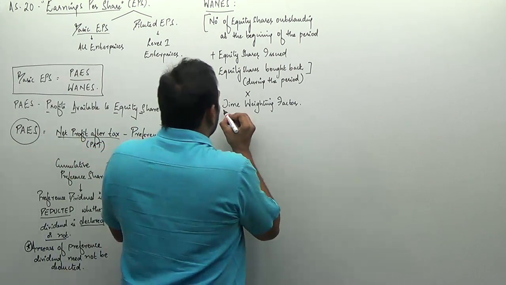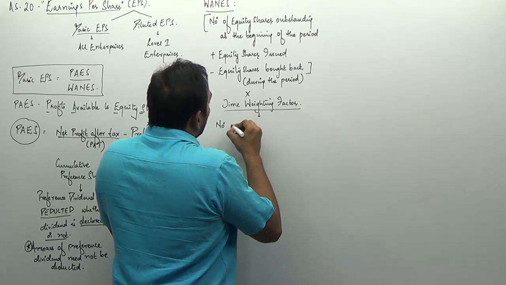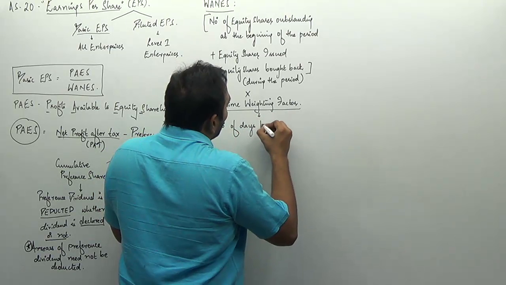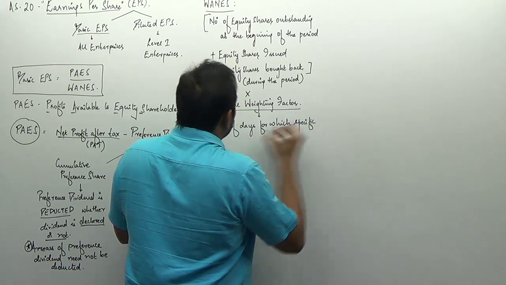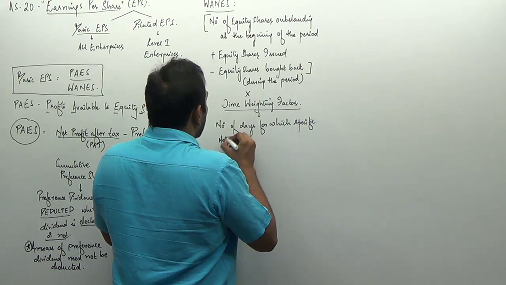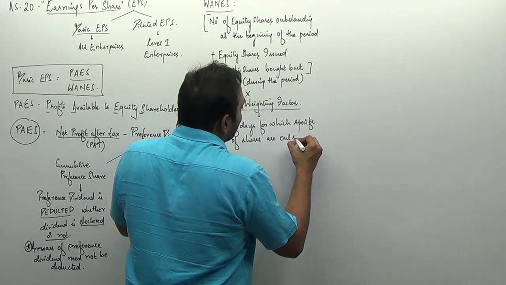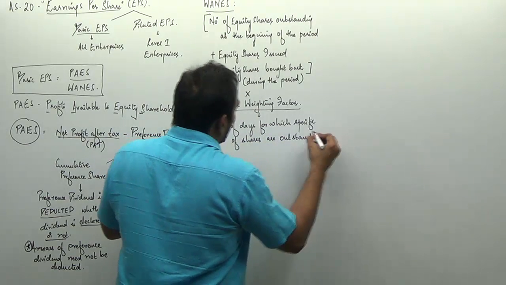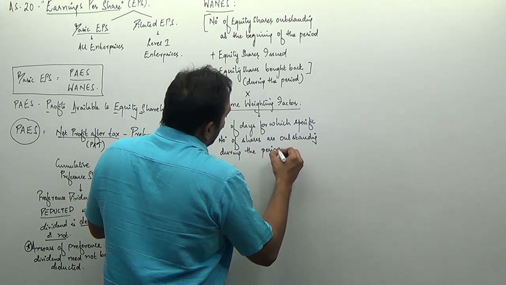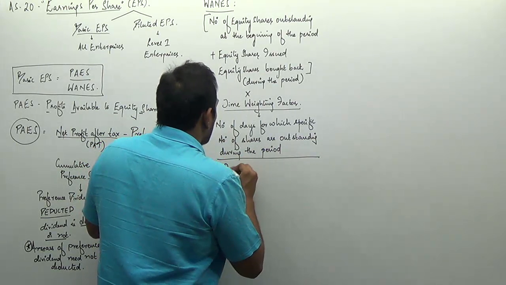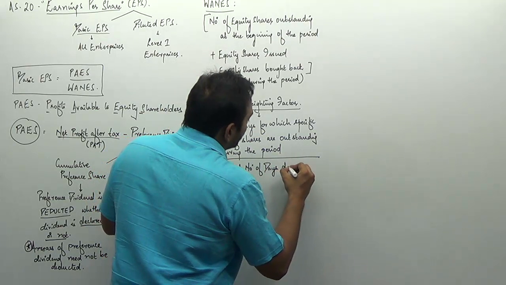This time weighting factor is nothing but the number of days for which a specific number of shares are outstanding during the period, divided by the total number of days during the period.